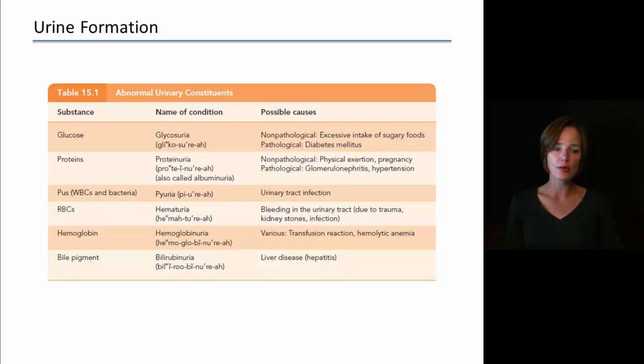Proteins in the urine are abnormal. We might have bacteria there, which would indicate a urinary tract infection. Red blood cells being there indicates bleeding. This could be caused by kidney stones or something along that line. Hemoglobin's presence might indicate a type of anemia. And if we have some bile pigments there, this might indicate liver disease.